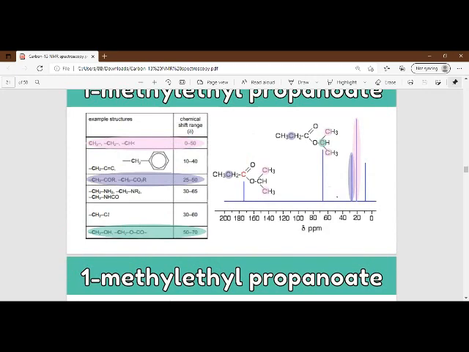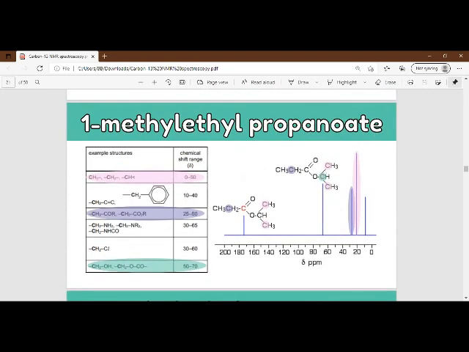Then this carbon, which is colored green, which is this peak, I didn't color it, at around 67, is due to a carbon singly bonded to an oxygen. So it refers to this. And as you can see in the table, this is the one.